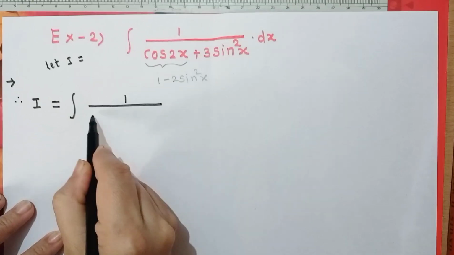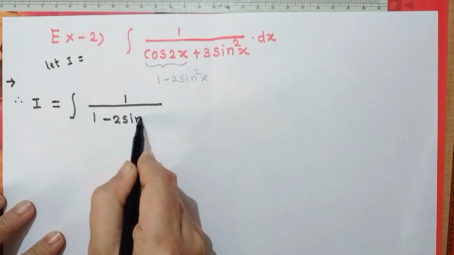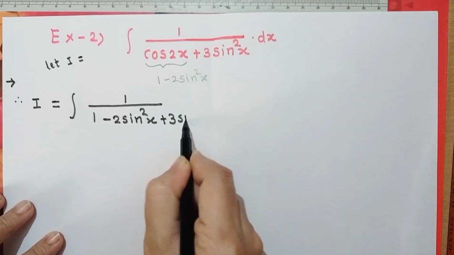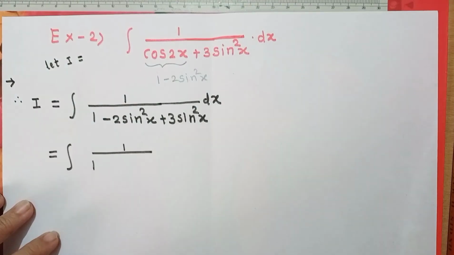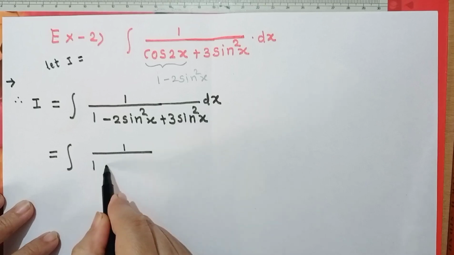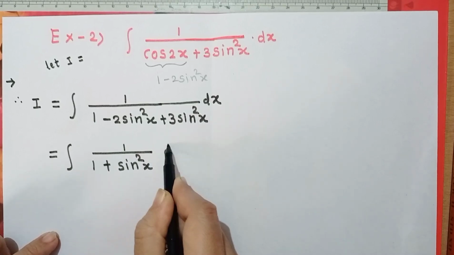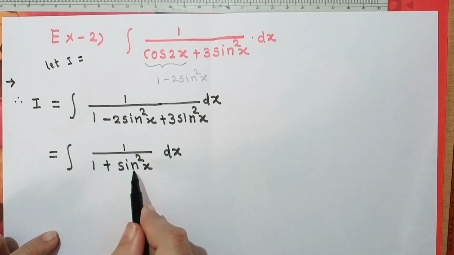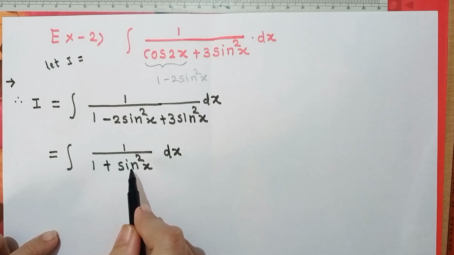And so for cos 2x, here I am writing 1 minus 2 sin square x and then plus 3 sin square x dx, and now simplify. Minus 2 plus 3 is plus sin square x dx, and now this is in the standard form a sin square x plus b, and so we will divide by cos square x on numerator and denominator.